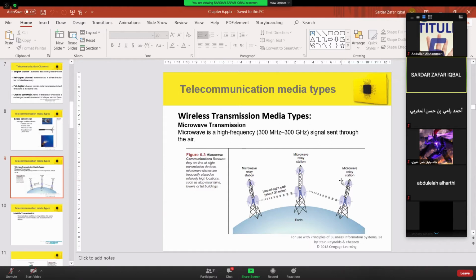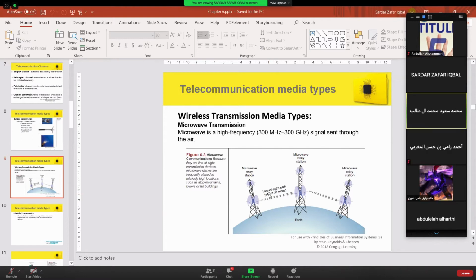Can anybody tell me? They are saying line of sight path, if you see the figure. You guys can see this? What is this line of sight path? About 30 miles.